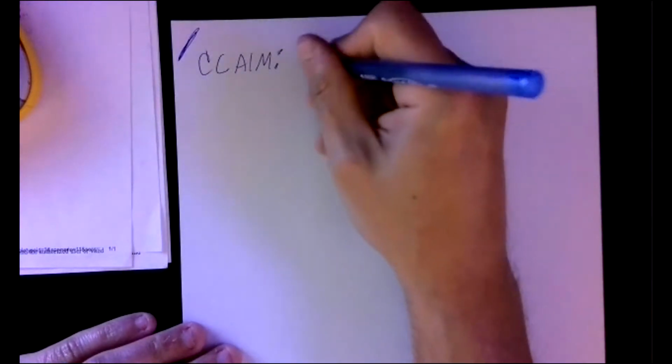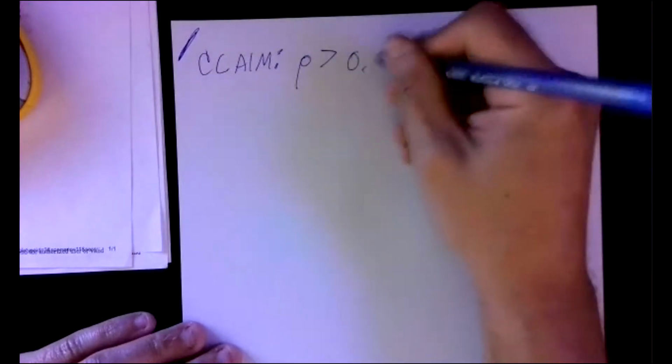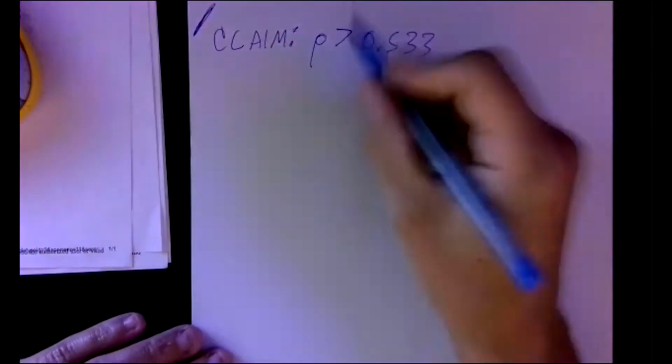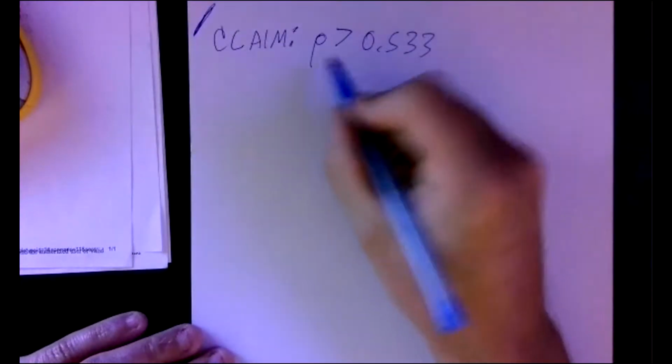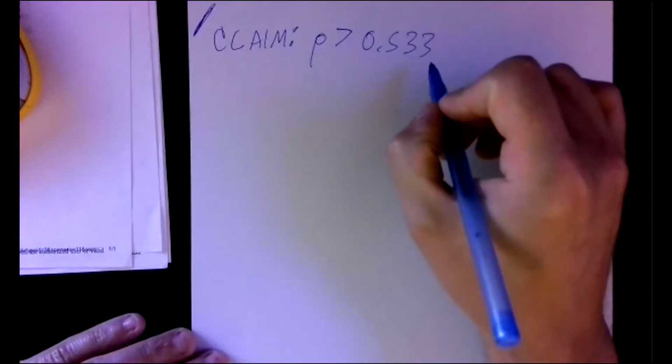He claims that the player has improved, which means that the proportion has gone up, meaning it's greater than 0.533. Now, it's not going to be equal to, because if it's equal to 0.533, then that means he hasn't improved. It would be the same.